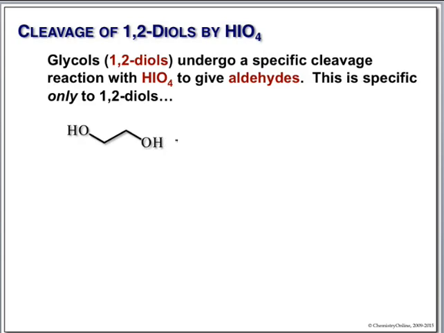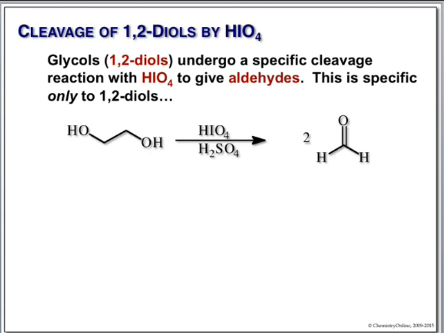A couple specialty reactions that are also in the chapter. We learned how to make 1,2-diols. We know we can make 1,2-diols from alkenes with permanganate, or we can make an epoxide and ring open.